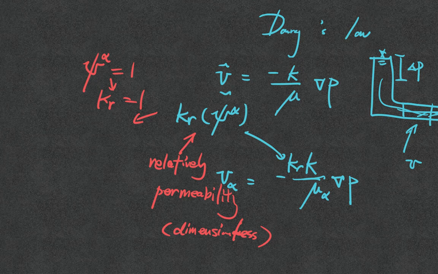Why is it very limited? Air is compressible, and air also has a very high Darcy's law coefficient. So unlike the water, unless it's completely undrained, you will not get incompressibility.